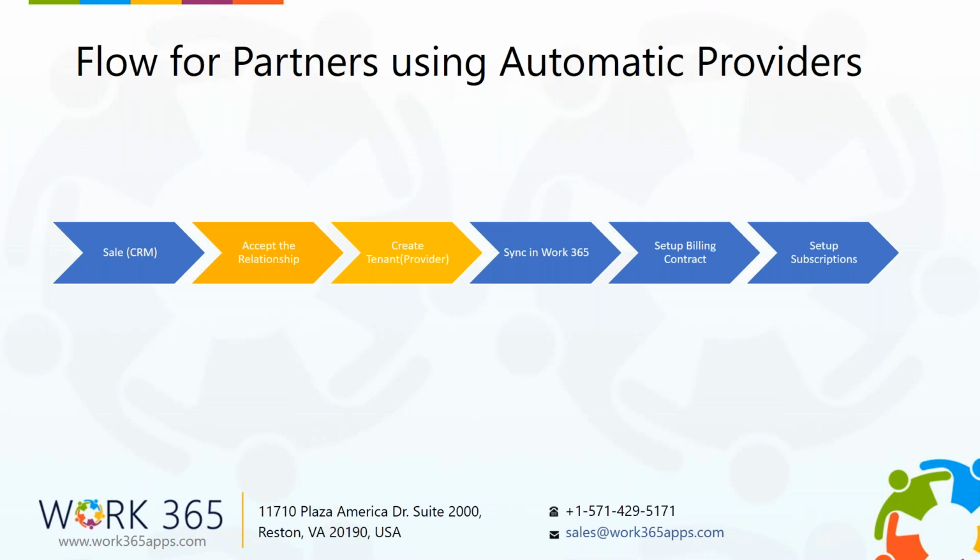You would then return back into Work 365, allow the automatic sync to work or sync the customer manually, and create the billing contract. And then you might sync the subscriptions and create the bundles and subscription relationship, and eventually that completes the full onboarding process.